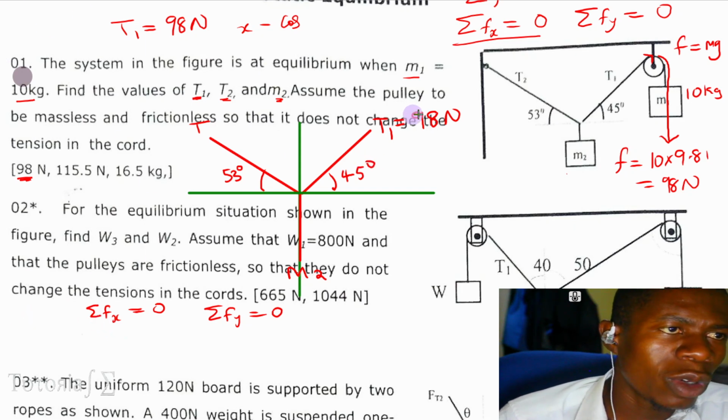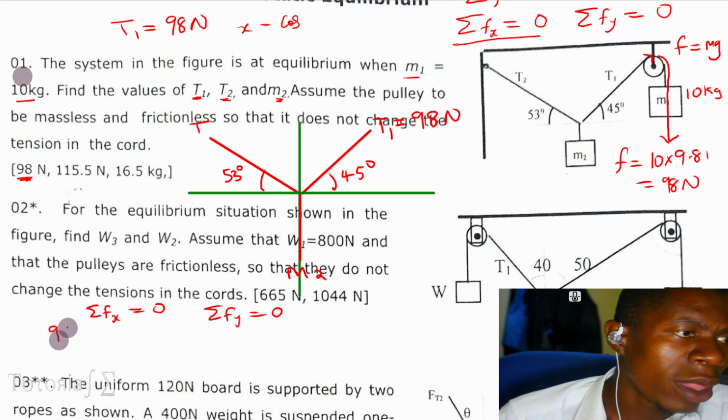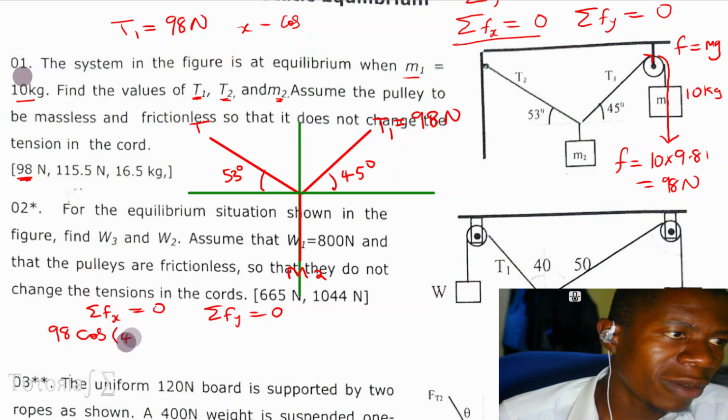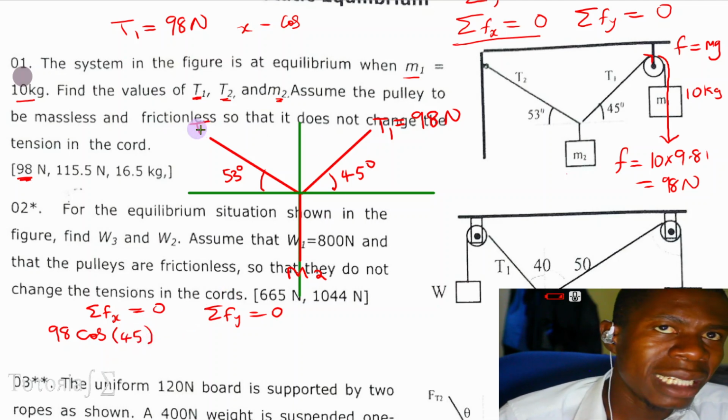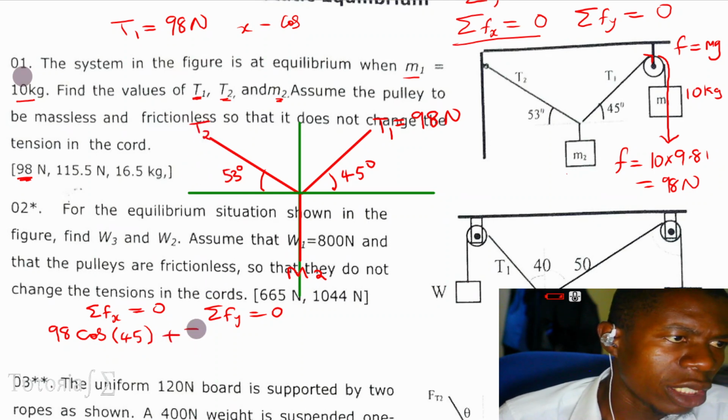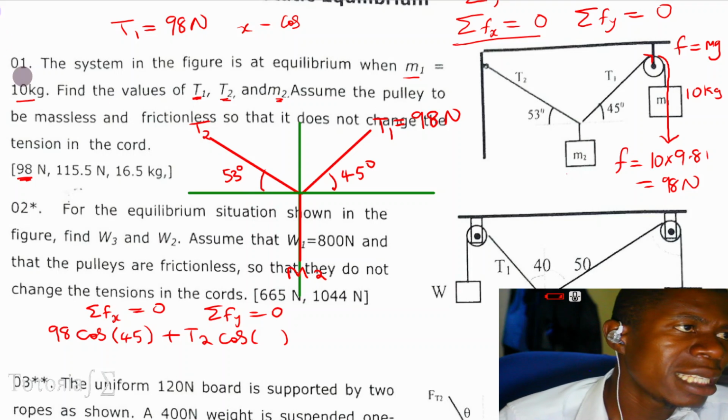I'll put in red. So this vector in the x is 98 cos the angle at which it is suspended from the positive horizontal, which is 45 degrees. We go to tension 2, so plus tension 2 cos the angle at which it is displaced from the positive horizontal.